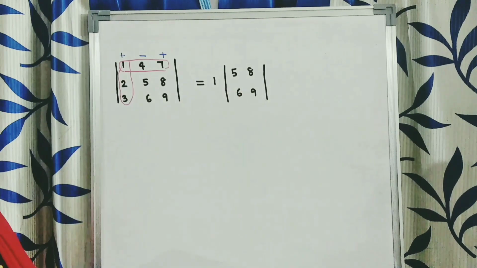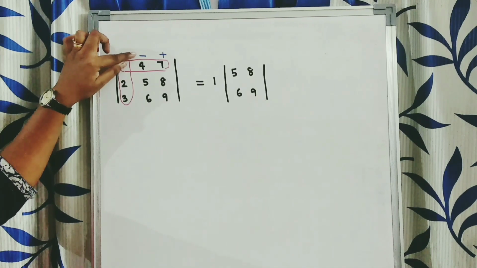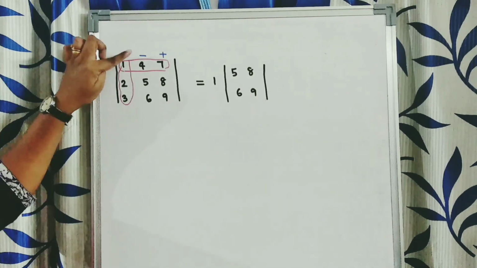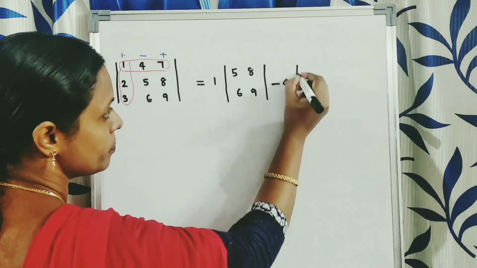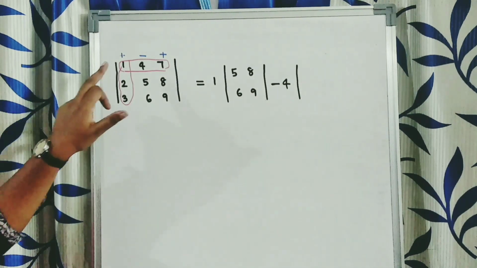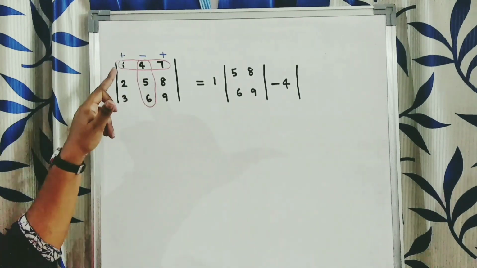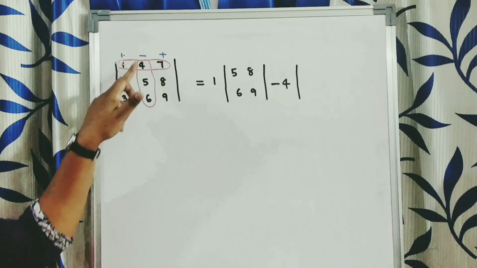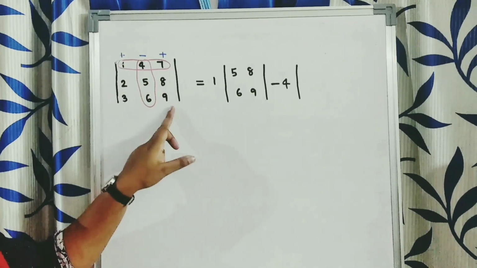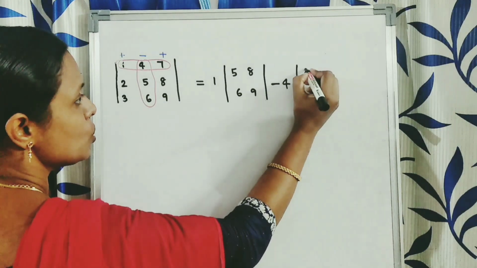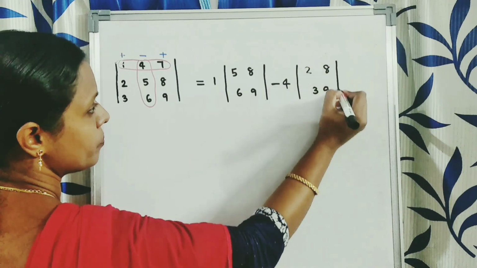Next we write the second element, minus 4. Then we delete the first row and second column. The remaining elements are 2, 8, 3, 9, written in a determinant.